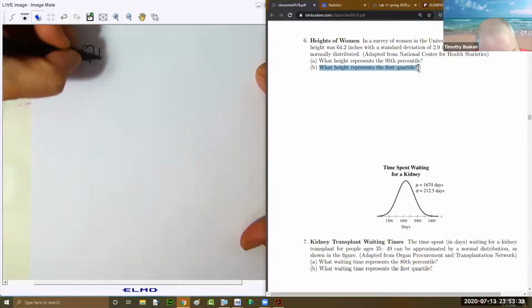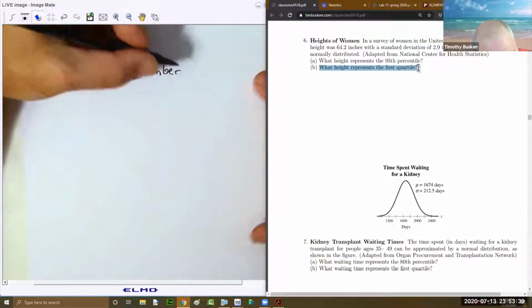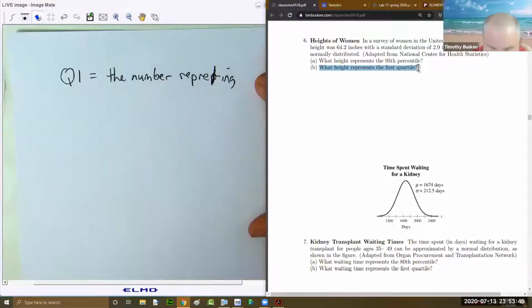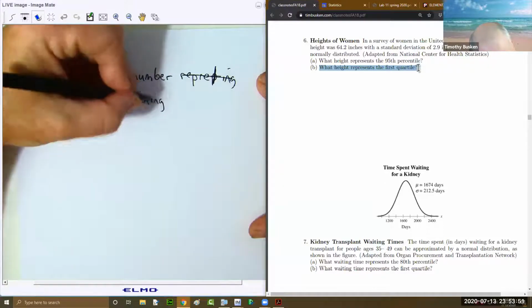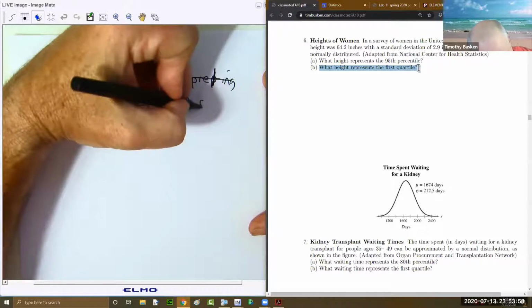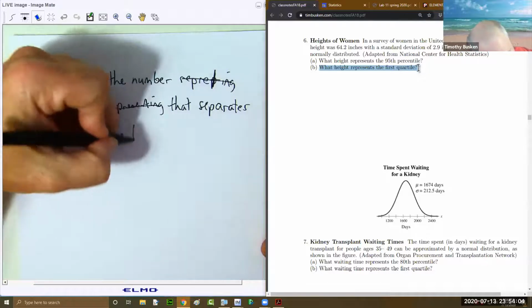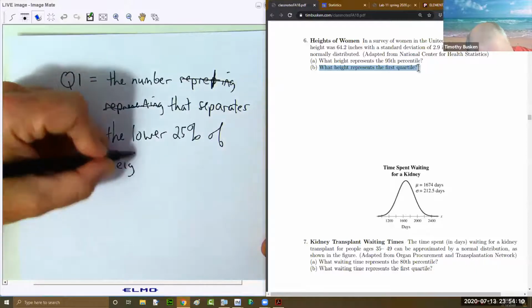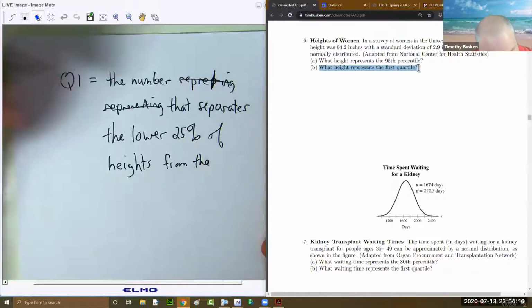Remember that Q1 is the number separating the lower 25% of heights from the upper 75% of heights.